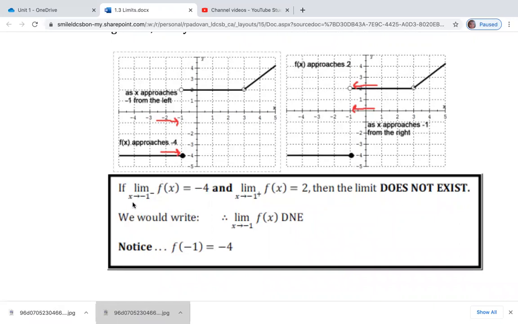So I know I'm approaching the value of -1. If the limit as x approaches -1 from the left of this function f of x, let's look, I'm approaching from the left. As I'm getting closer and closer to the x value of -1, what's my y value?